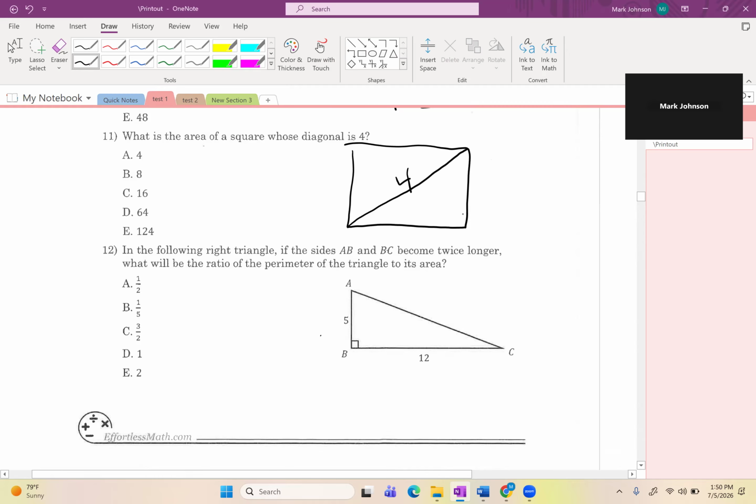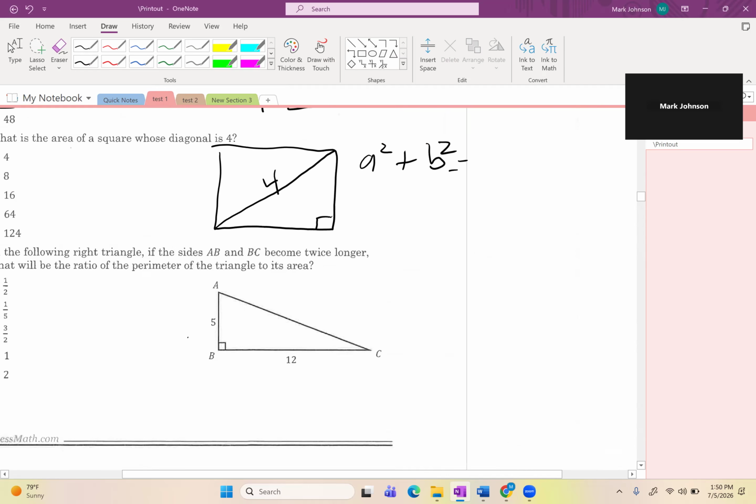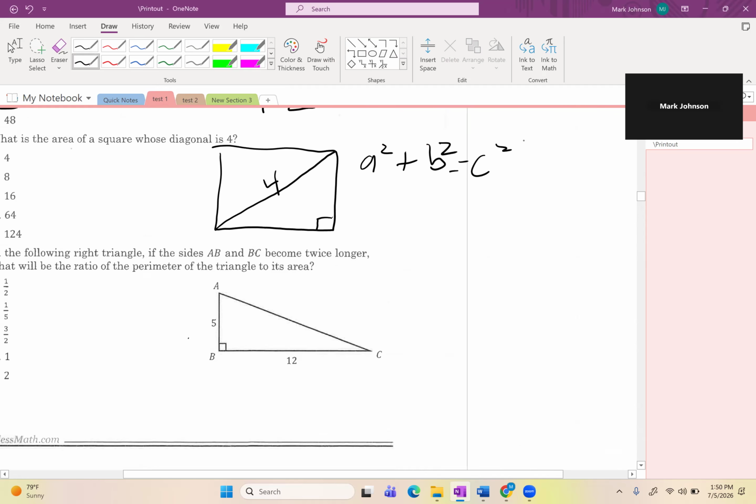Entonces, es un triángulo recto. It's a right triangle. So a squared plus b squared equals c squared. In this case, a and b are the same, porque es un square.